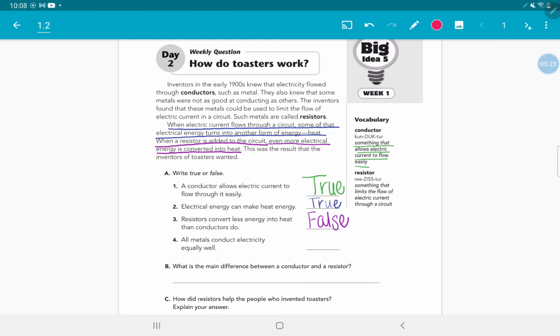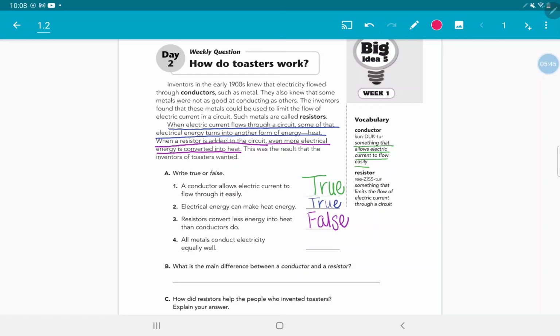Okay. The next question says, all metals conduct electricity equally well. Owen, is that true or false? False. How do you know? Because in the passage it says that some metals aren't as good as others.